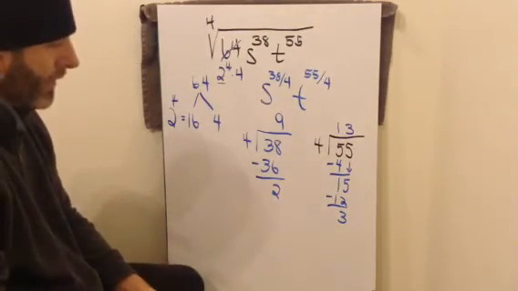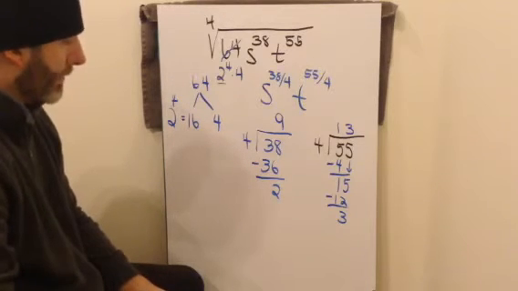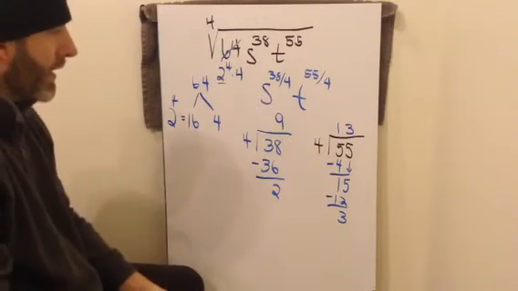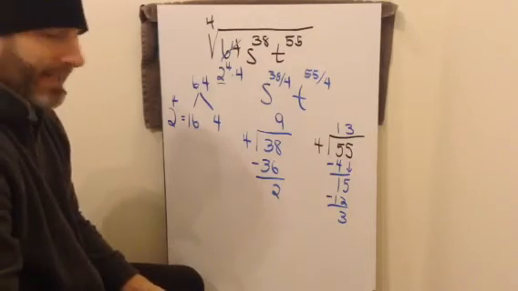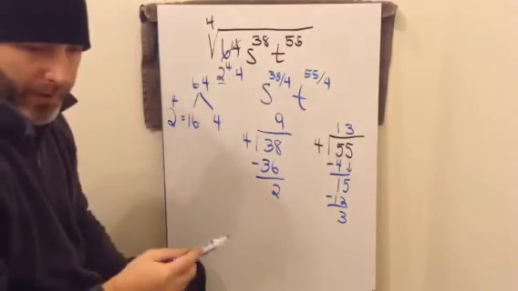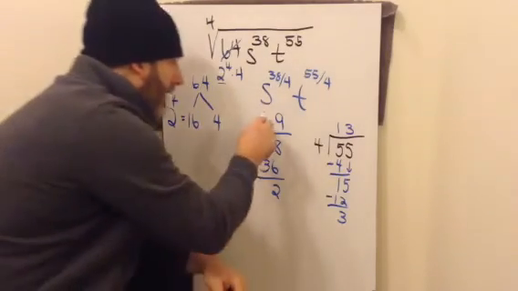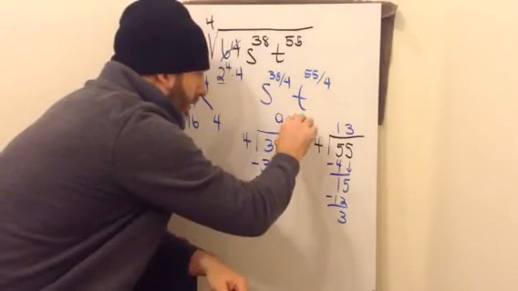Here's what I want to tell you. I'm going to write my answer over here ultimately. The number in this position, I'm going to label with a symbol, because I didn't leave myself room. I'm going to put a check mark.